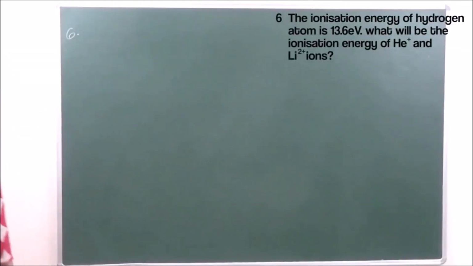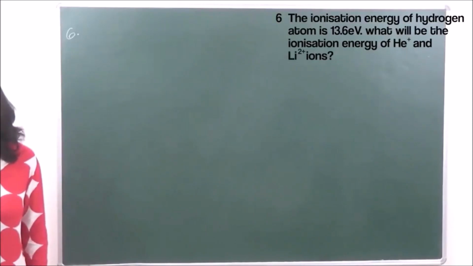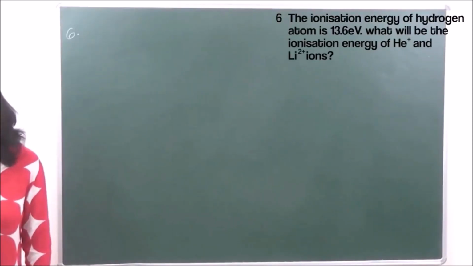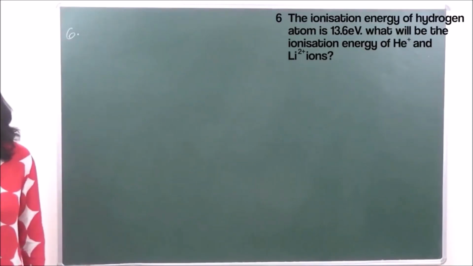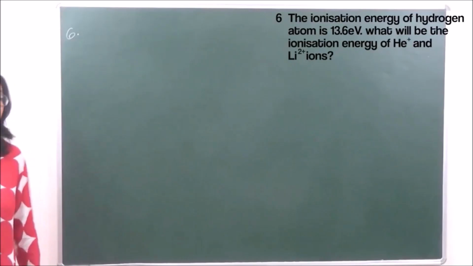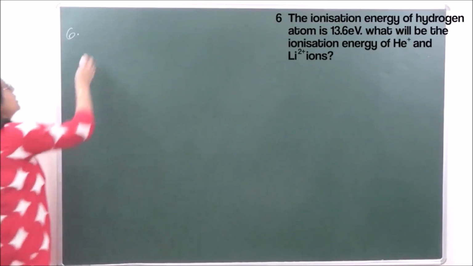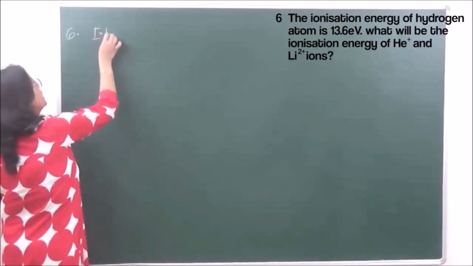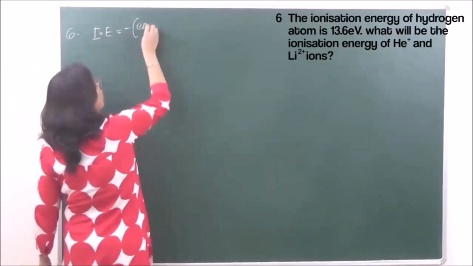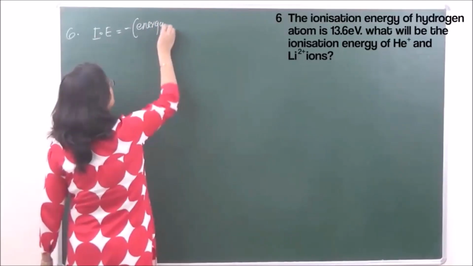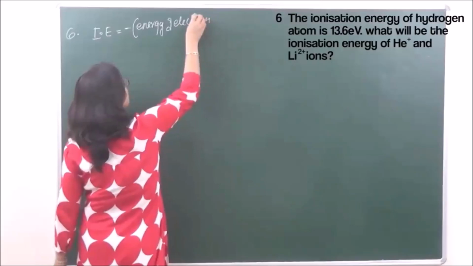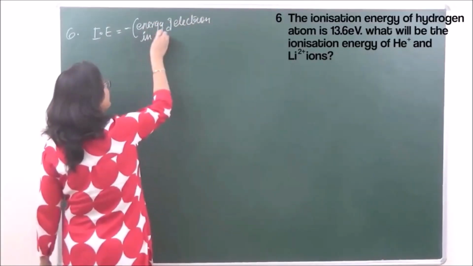Question number 6: the ionization energy of hydrogen atom is 13.6 electron volt. What will be the ionization energies of He2+ and Li2+ ions? Now when we are talking of ionization energy, that is minus the energy of the electron in any orbit.